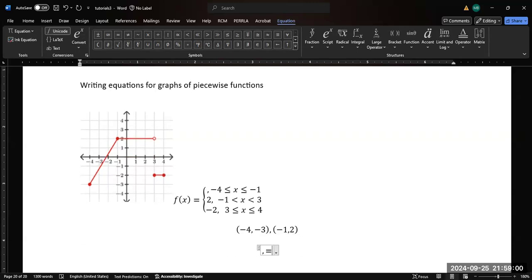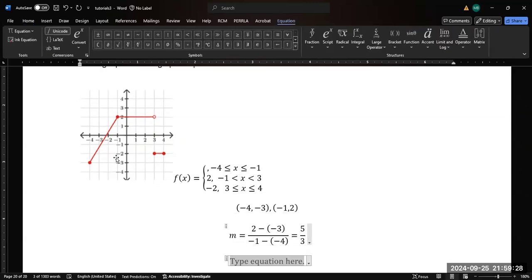So the slope for our line is going to be 2 minus a -3, that's the difference in our y coordinates, divided by -1 minus a -4. And if we do that math, we get 5 over 3.